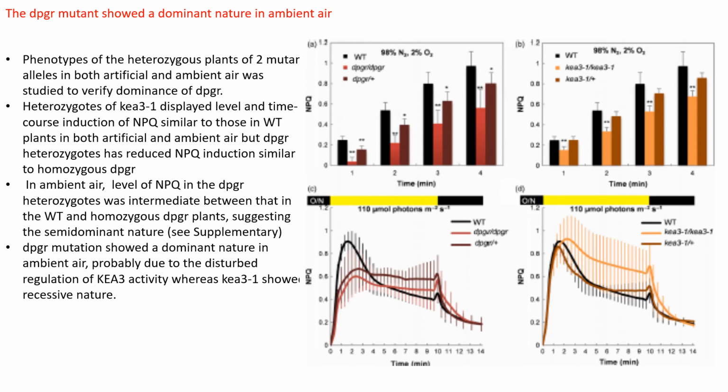But the DPGR heterozygotes had reduced NPQ induction that was similar to what we have already seen for the homozygous DPGR.